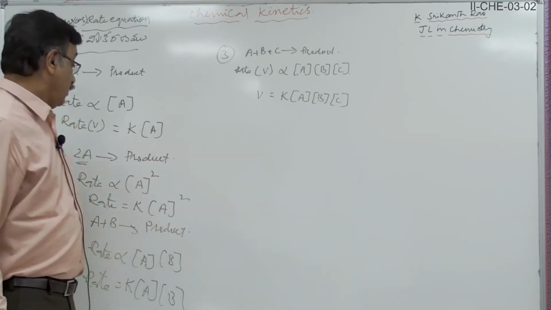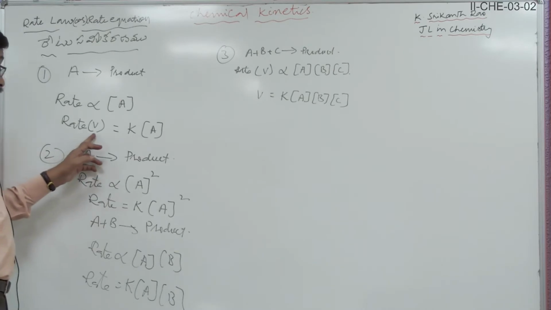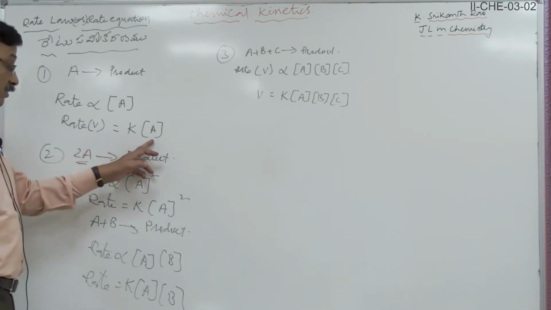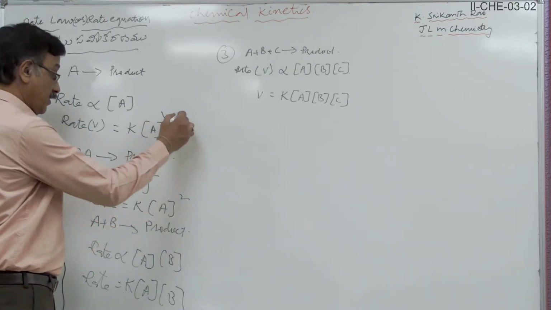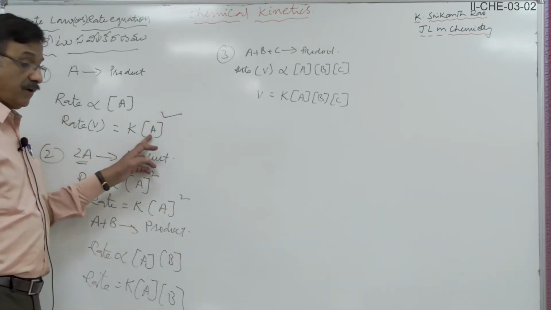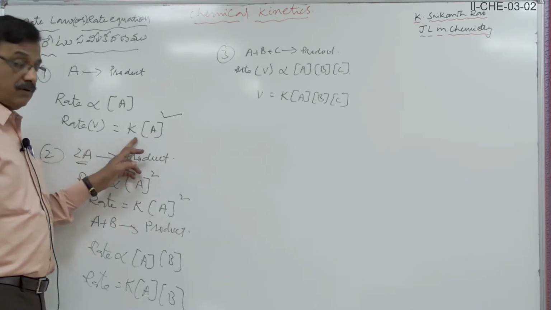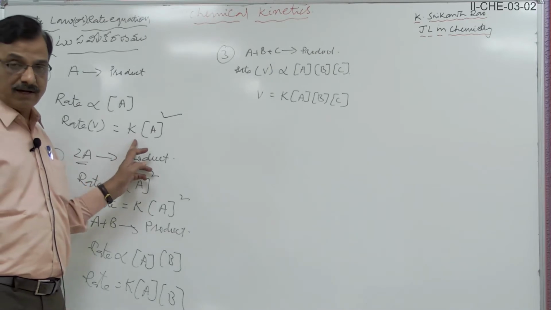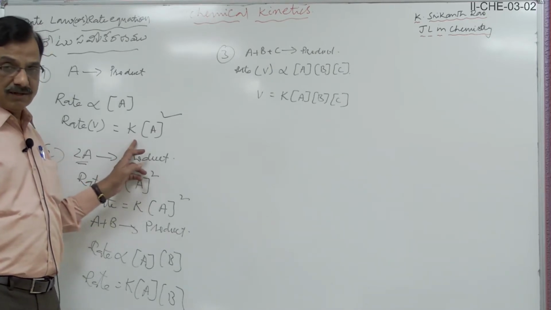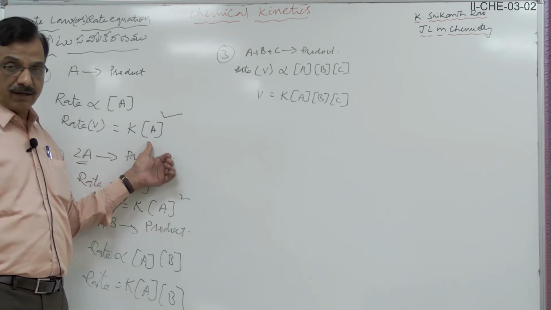Then here we can define the rate constant. Here rate of the reaction V equal to K into [A]. In this equation, if concentration of A is unity, then rate of the reaction equals rate constant. So this way you can define that the rate constant is nothing but the rate of the reaction when the concentration of the reactant is unity.